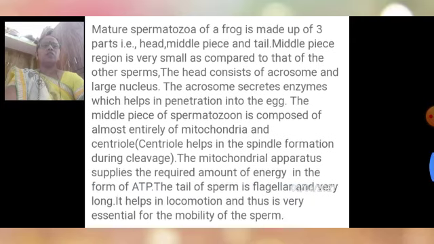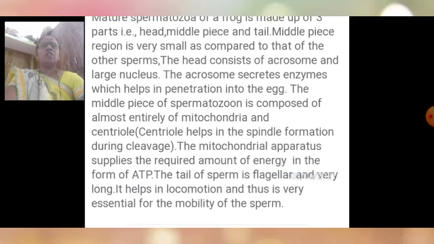The middle piece of the spermatozoon is composed almost entirely of mitochondria and the centriole. The centriole helps in spindle formation during cleavage. The mitochondrial apparatus supplies the required energy in the form of ATP.